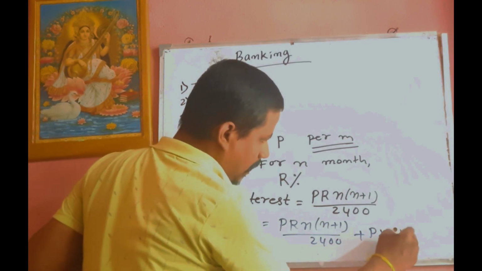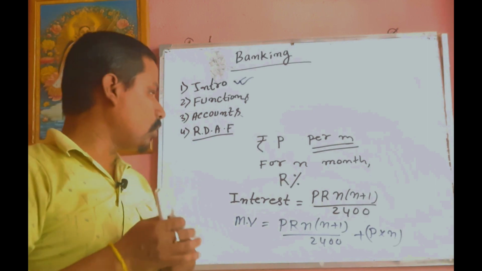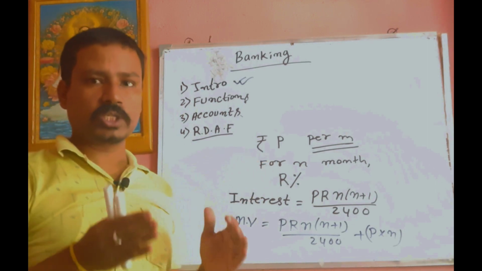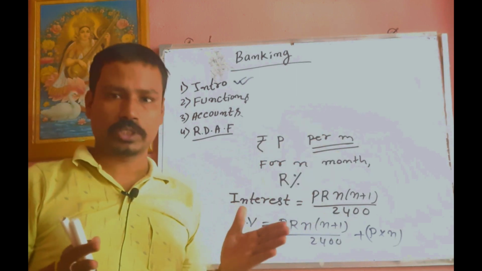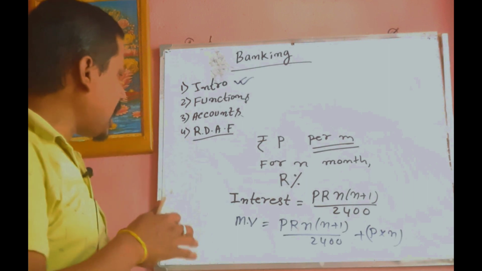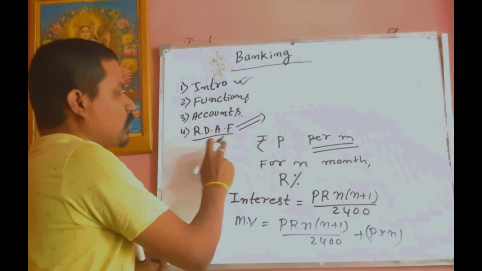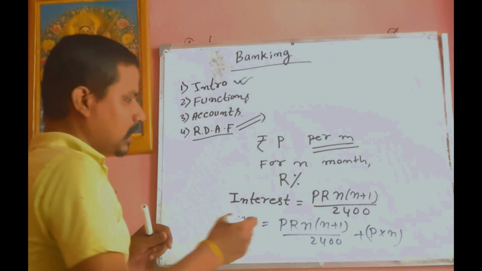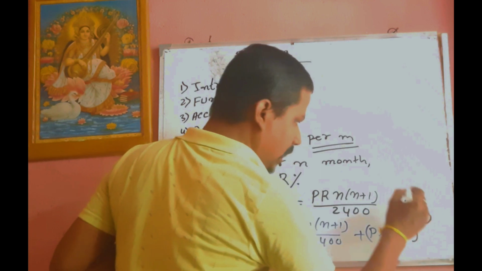This is the formula for the maturity value for the amount we are depositing in a financial institution or banking institution. So this completes these four sections, and now we are discussing some examples of the recurring deposit formula. We are using these two formulas to solve the examples.